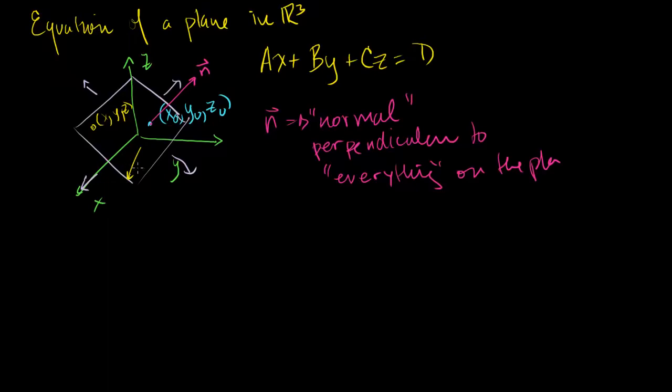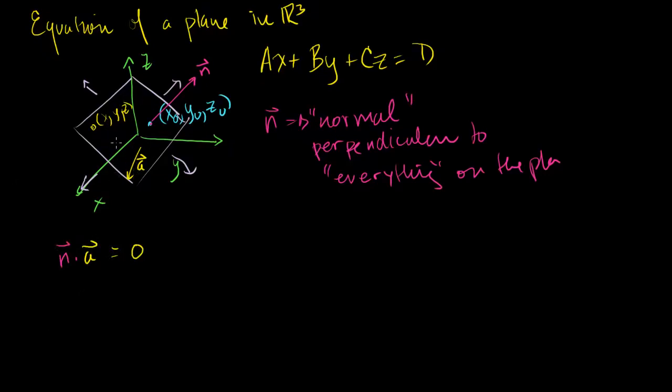If this yellow vector, let me call it vector a, is just some arbitrary vector sitting on the plane, and this is the normal vector to the plane, we know from our definition of vector angles that this is perpendicular to this if and only if n dot a, the dot product of these two things, is equal to 0. And that's true for any vector that we pick that actually lies on the plane.